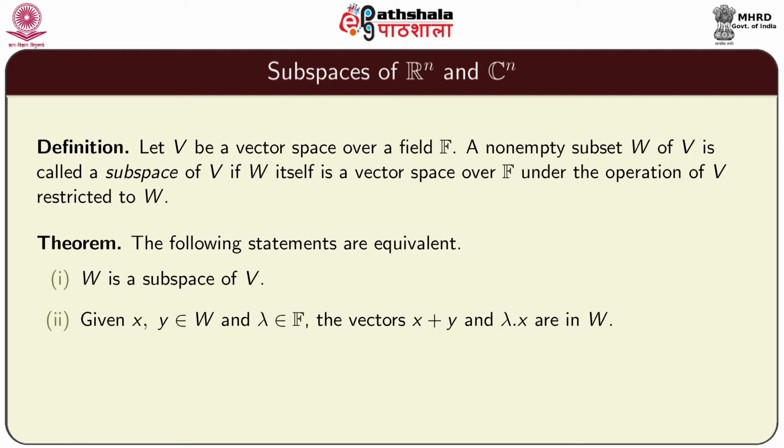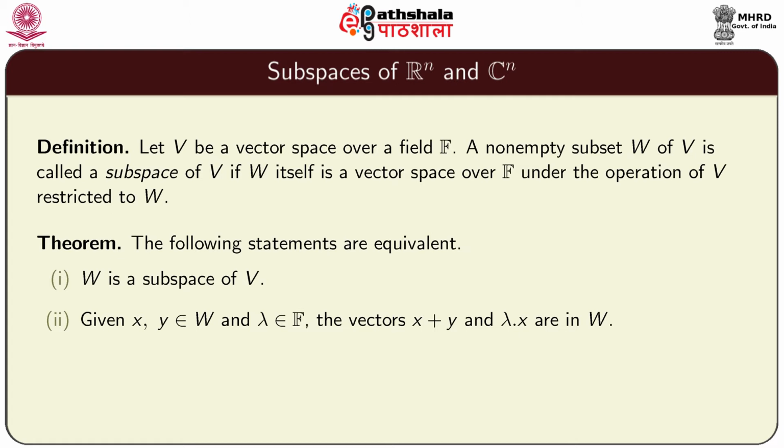What we have said just now is precisely the next theorem. So, W is a subspace of V if and only if, given x, y in W and lambda in F, x plus y belongs to W and lambda x belongs to W. A usual way of calling these things would be: W is closed under addition and scalar multiplication.